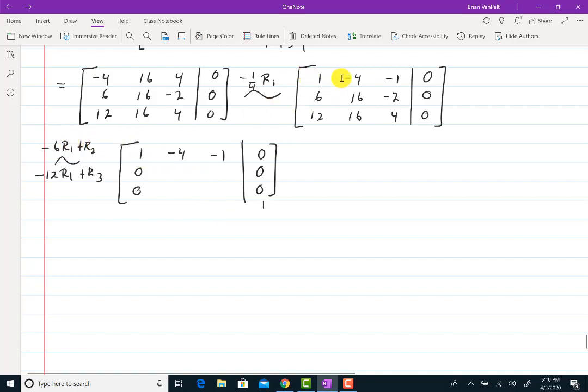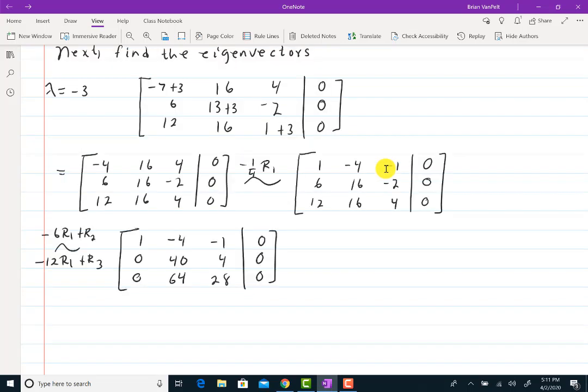I did -6r1, so -6 times -4 is 24, plus 16 will be a 40. And then -6 times -1 is +6, minus 2 gives me a 4 in that spot. Then I did -12, so -12 times -4 is +48, plus 16 is a 64. And then -12 times -2 is 24, plus 4 is 28.